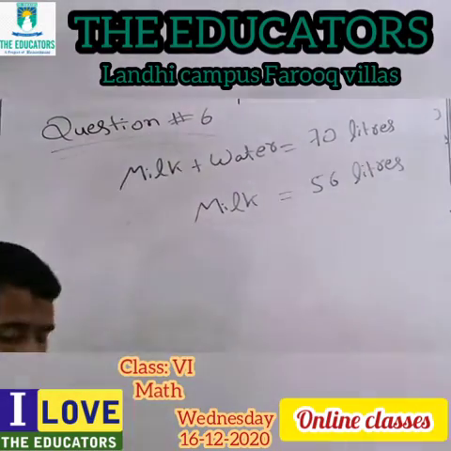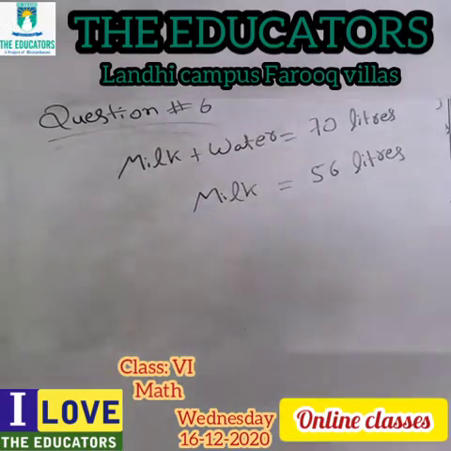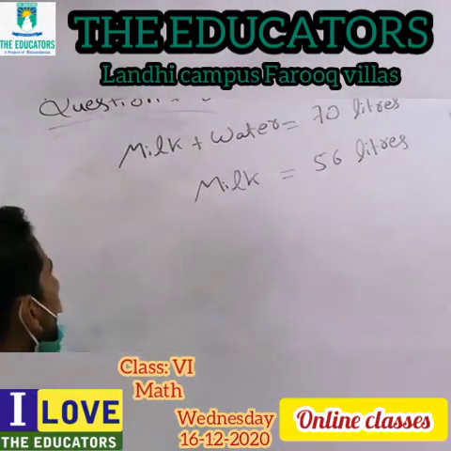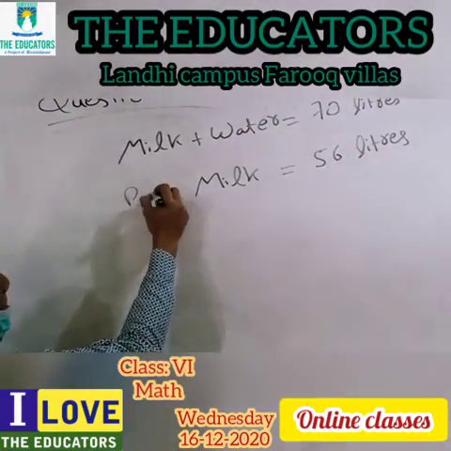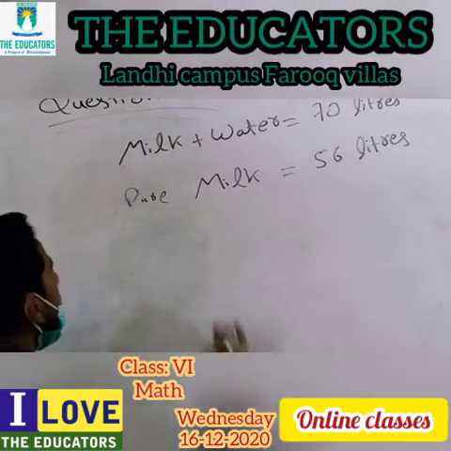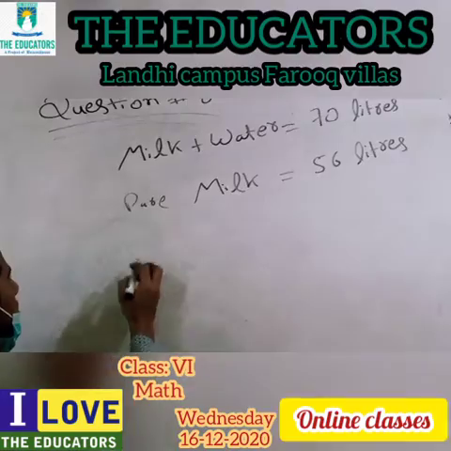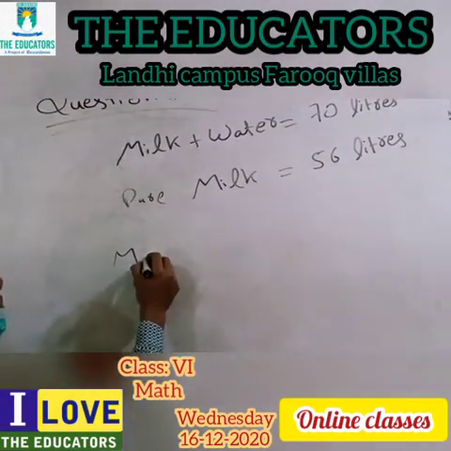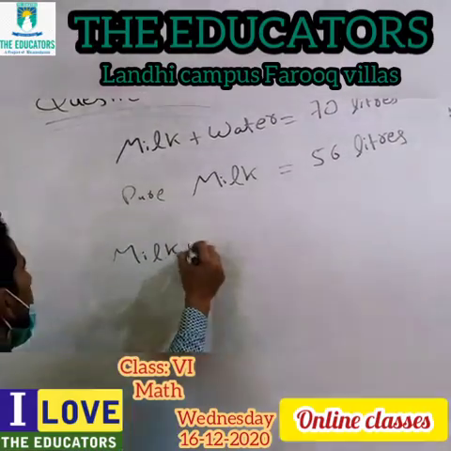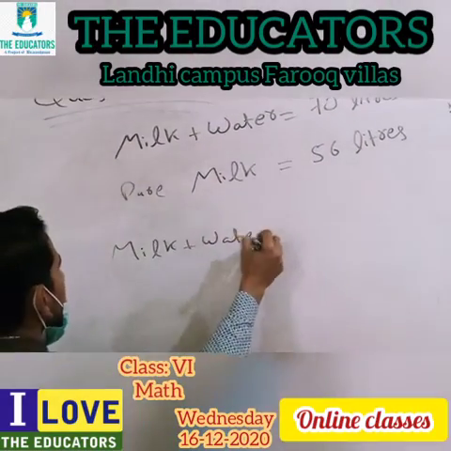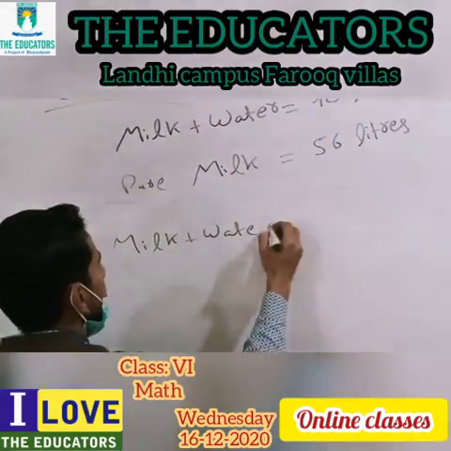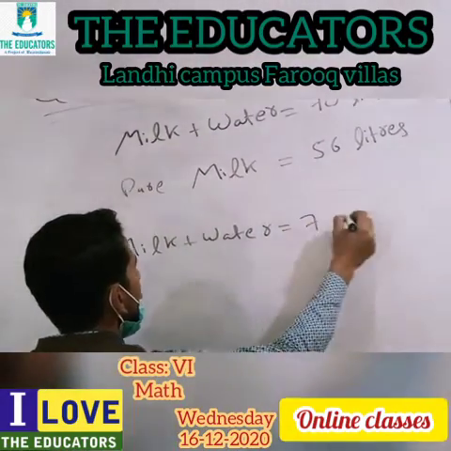But before this we have to find how much water is mixed in the pure milk. In order to do so, we have this expression here: milk plus water equals 70 liters. That is the data here.